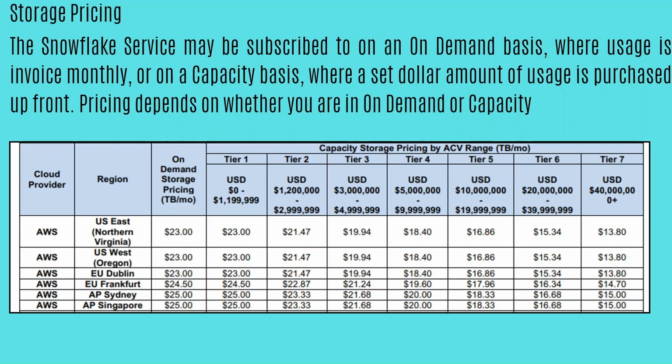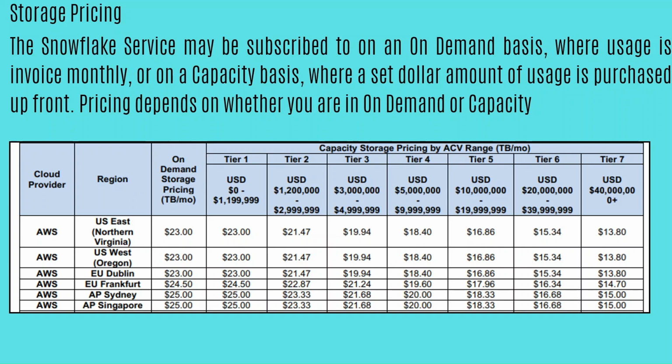So virtual warehouse and storage pricing is very simple. Got it? And it varies with the option or offering you are going with. On demand it is different. With the commitment or capacity base it is different.